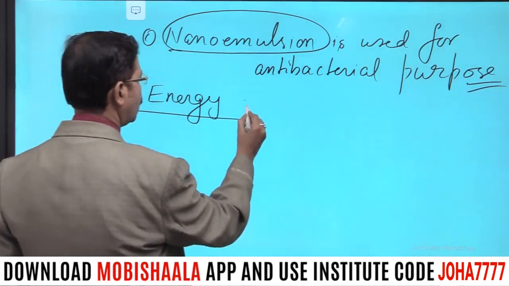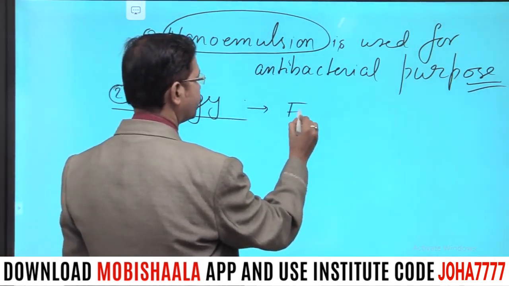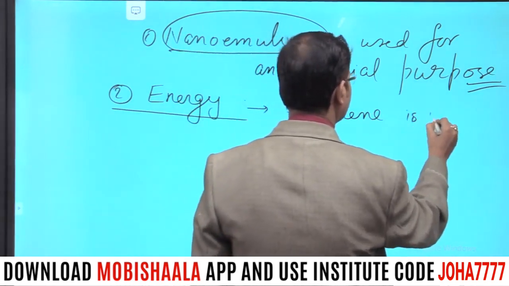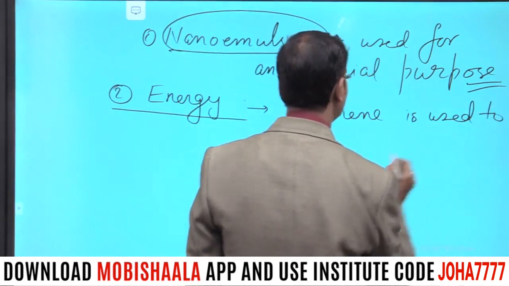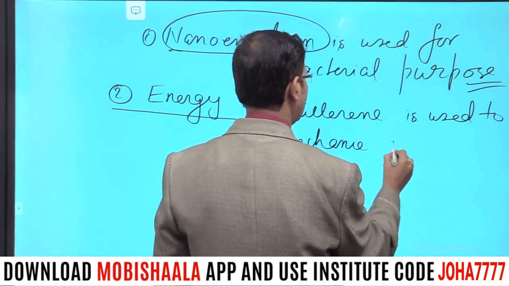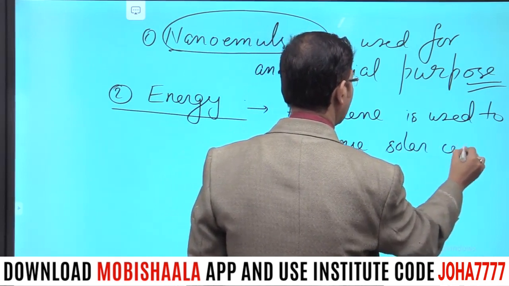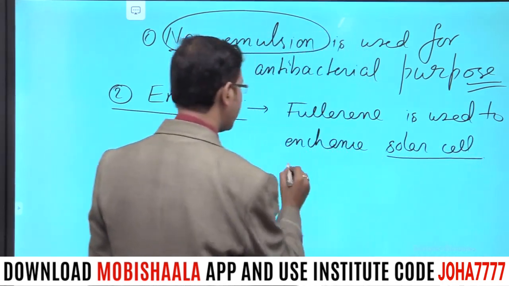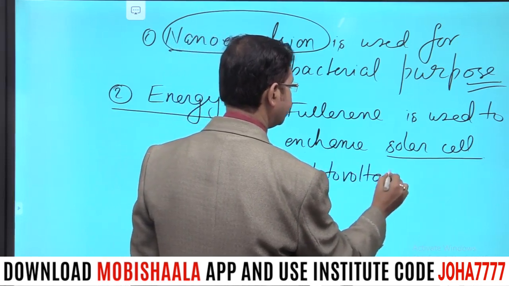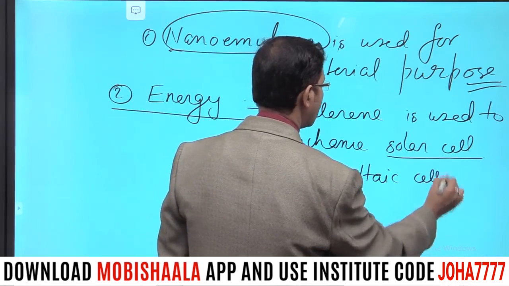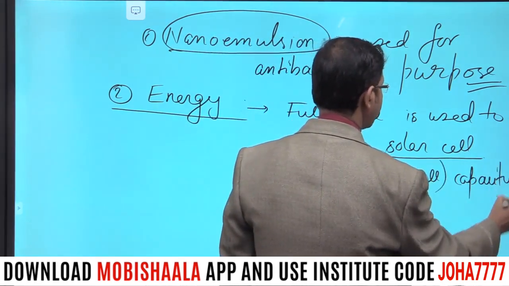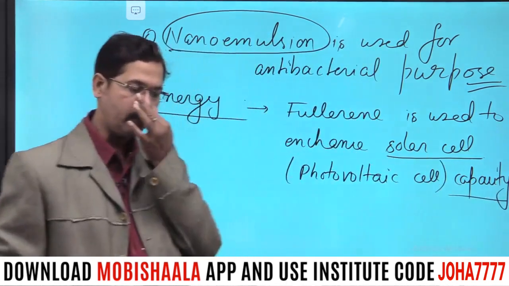So fullerene is used to enhance solar cell, or you can say photovoltaic cell capacity, that we studied just a few minutes ago.